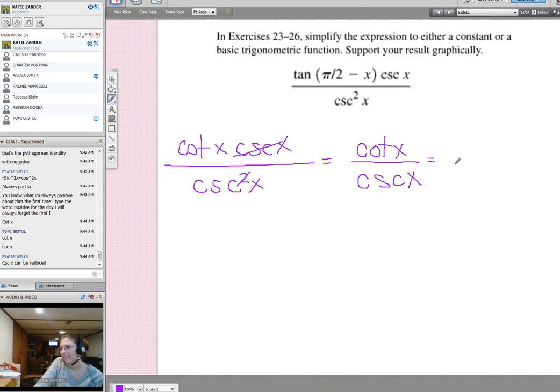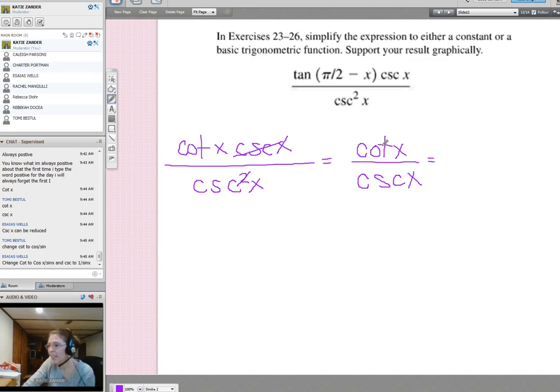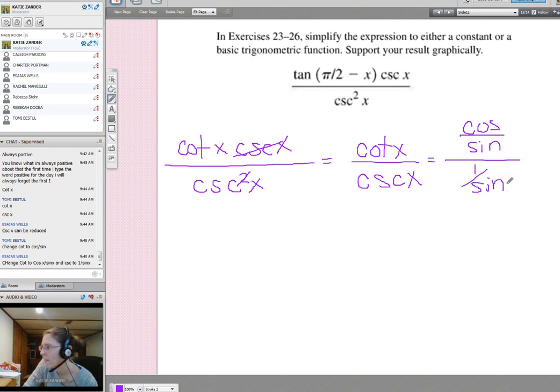Yep. Change cotangent to cosine over sine, and also cosecant to 1 over sine. I'm going to do both of those at the same time, like Isaias had mentioned, but I know that Tommy and Isaias both kind of came up with the cotangent there. Anything you notice once we rewrite it like that?